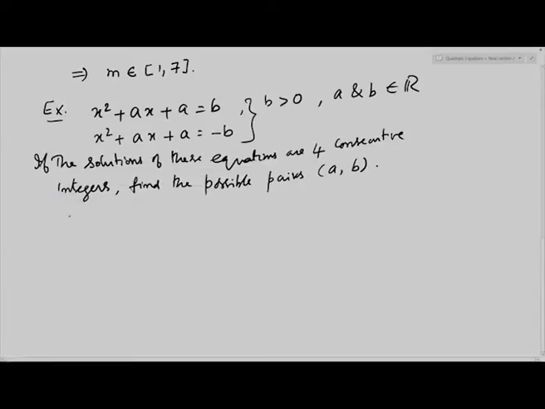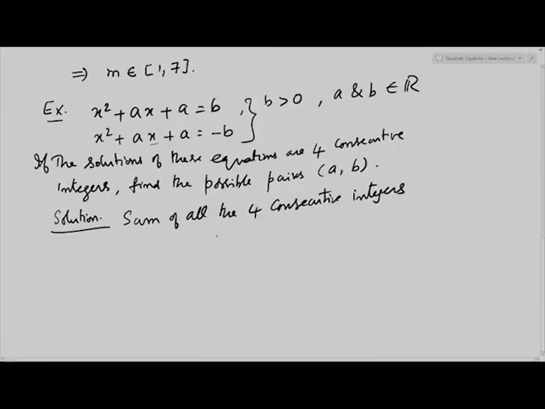So, I proceed like this: the sum of all the 4 consecutive integers, because for the first two roots alpha and beta, and here p and q, the sum alpha plus beta is minus a, and p plus q is also minus a.